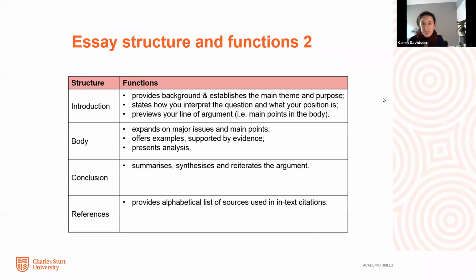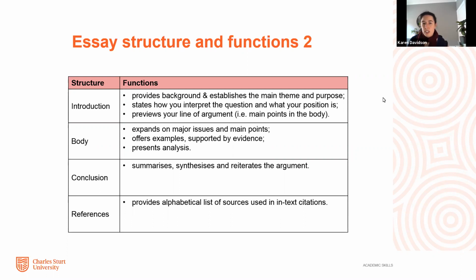So this is for an essay, and notice that each of the structural elements of the text performs a particular function, and that together these elements will allow you to show your reader, your marker, that you have addressed all the elements of the assessment task. So the introduction shows that you have understood the question and the context surrounding it. And it also shows your reader what your main point is in addressing the question.